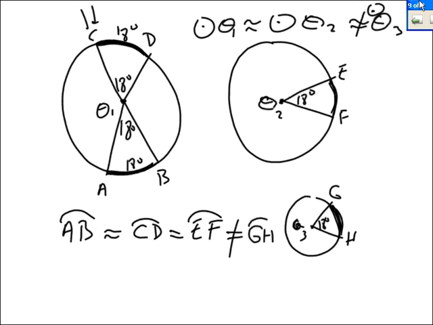Now, if they're both in the same circle, like in my first diagram, all the radii are the same. So, since the central angles are both the same, then the arcs that they cut off are equal. And for the record, same for the major arcs. The major arcs will be equal.